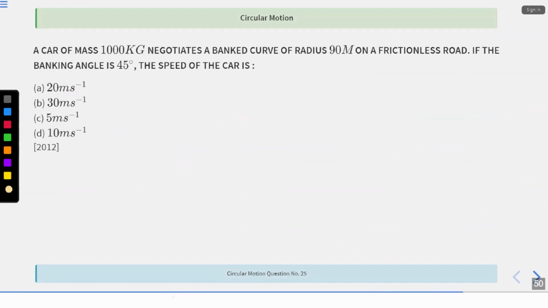A car of mass 1000 kg negotiates a banked curve of radius 90 meter on a frictionless road. If the banking angle is 45 degree, the speed of the car is. Again, this is a banking and friction concept.